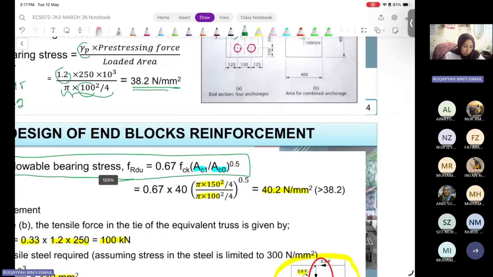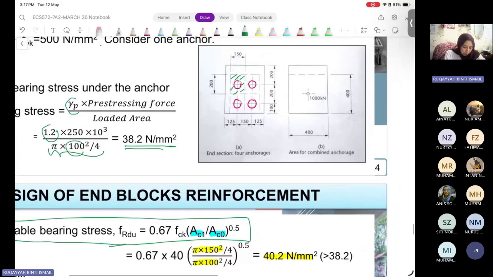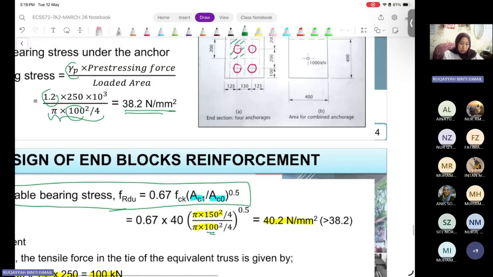Ac1 is considered as this area, the minimum area of concrete outside the conical part, which is 150. You can see this one is rectangular, but since we are considering it circular, we take it as a diameter of 150 mm. The 100 is the conical diameter.